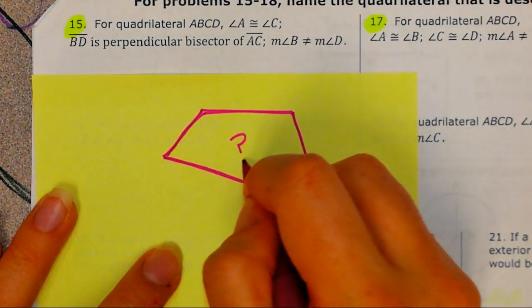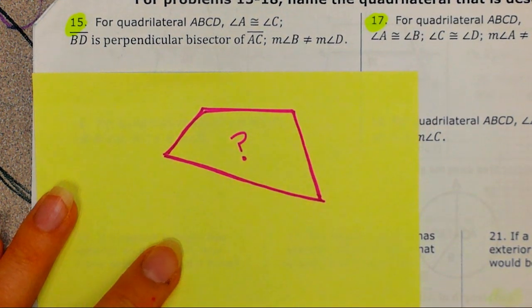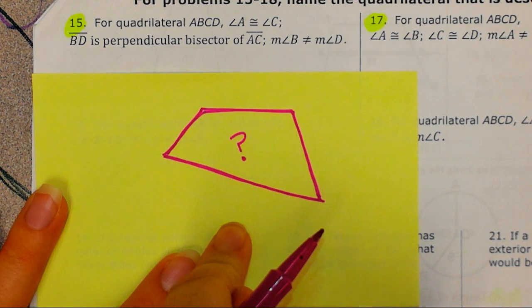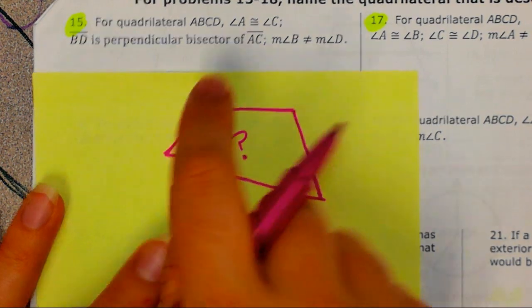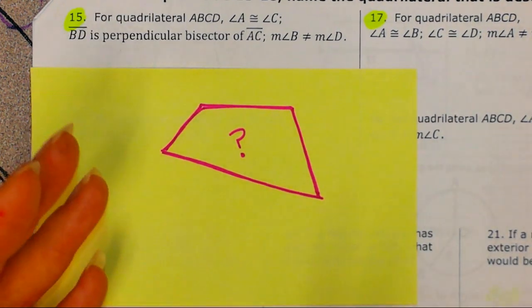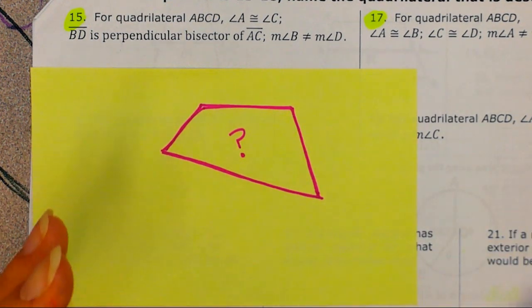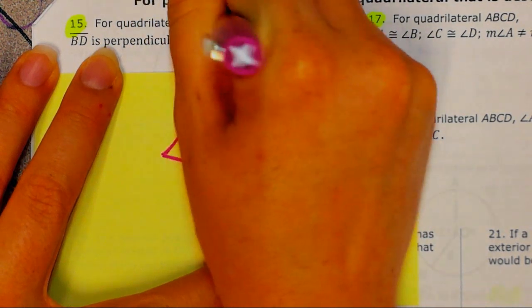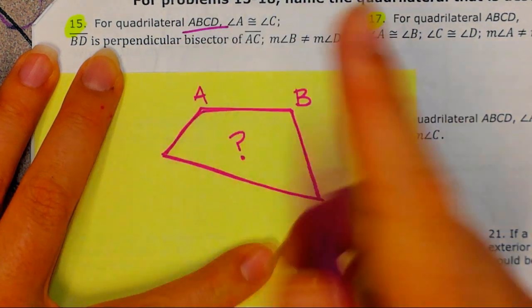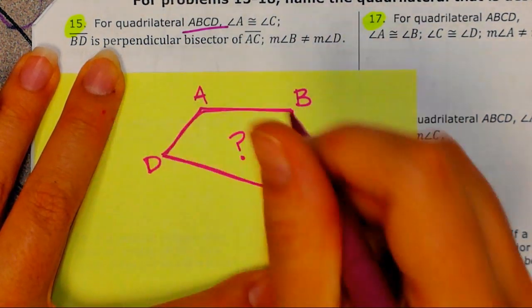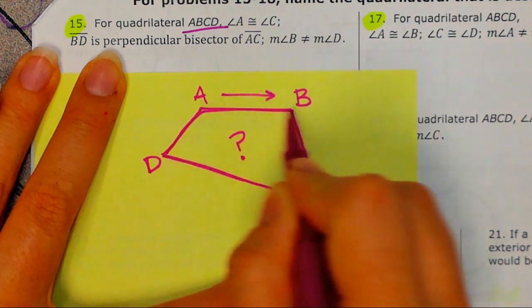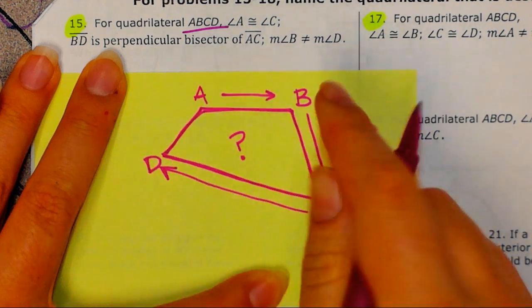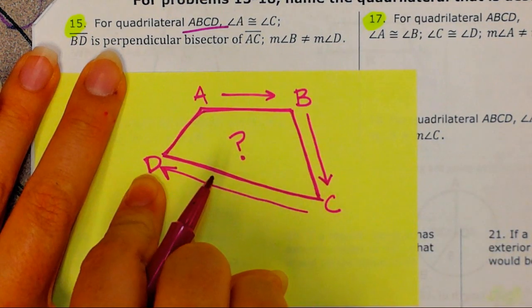I don't know what this shape actually looks like, but this is just for the sake of being able to label my picture so that I can actually see, okay, are opposite angles congruent, opposite sides? What is this trying to tell me? Also, when you label, this is quadrilateral A, B, C, D. That means that it needs to follow that order. A to B, B to C, C to D, in that order.